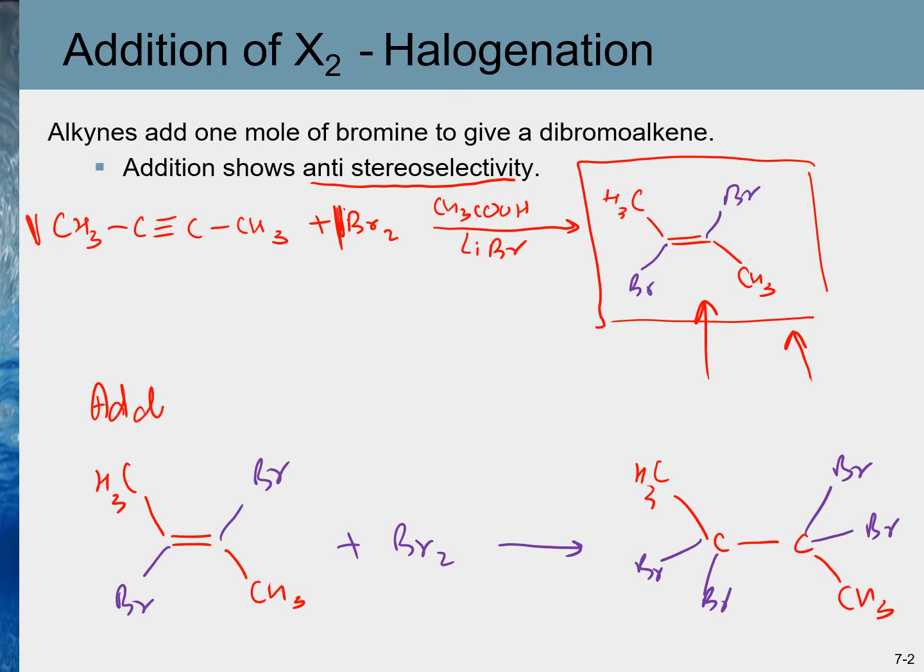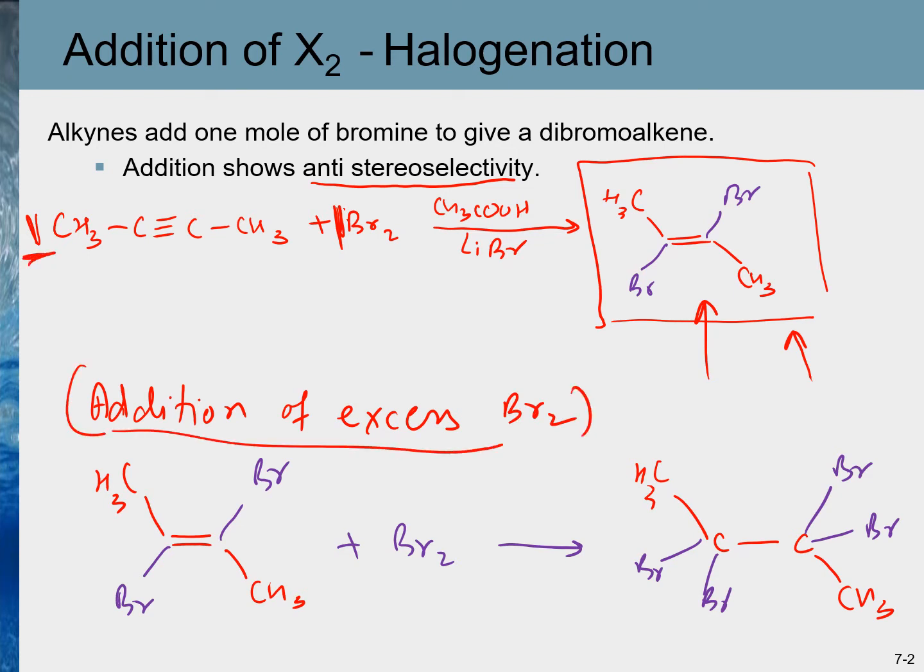This tetrabromo addition product will only form if we have excess of bromine. But if we start the reaction with 1:1, then our end product will be the alkene.